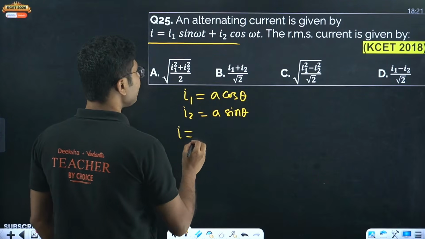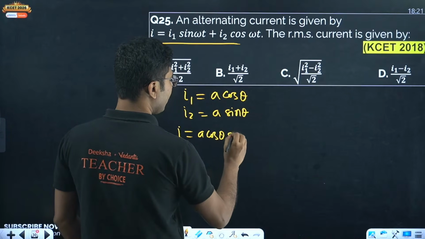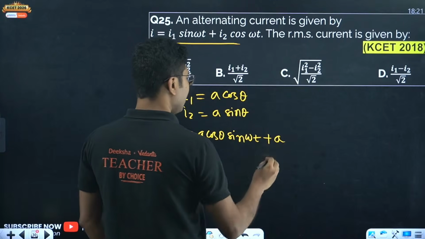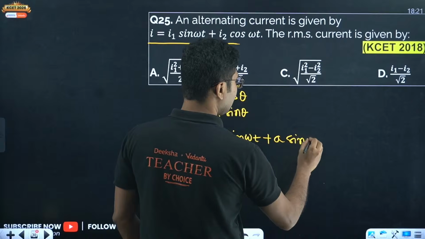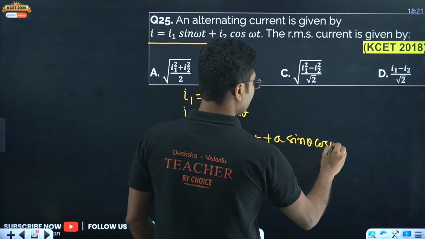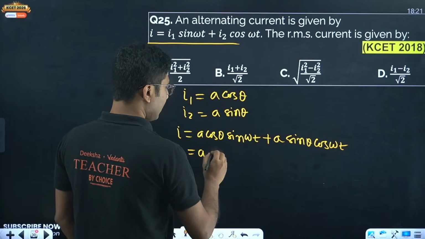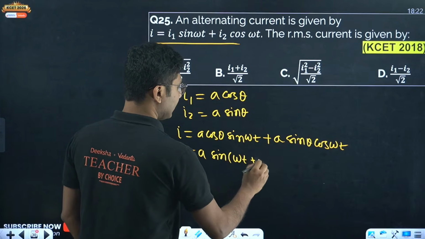So I becomes A cos theta sin omega t plus A sin theta cos omega t. So this becomes A sin(omega t plus theta), right?